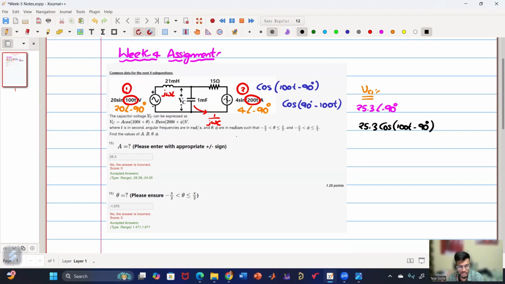Theta is minus 90 degrees, which is minus pi by 2, right? Do you agree? Yes, sir. So with respect to your answer, theta should be minus pi by 2. But because they are saying it is wrong, I am pretty sure that the value you got may not be the correct one. So can you calculate what is j omega L?